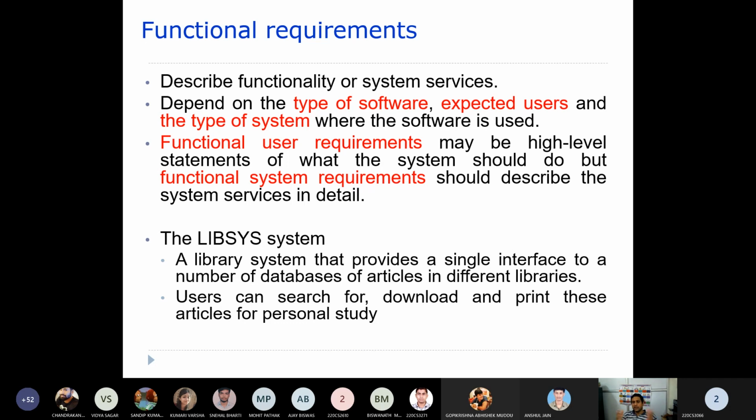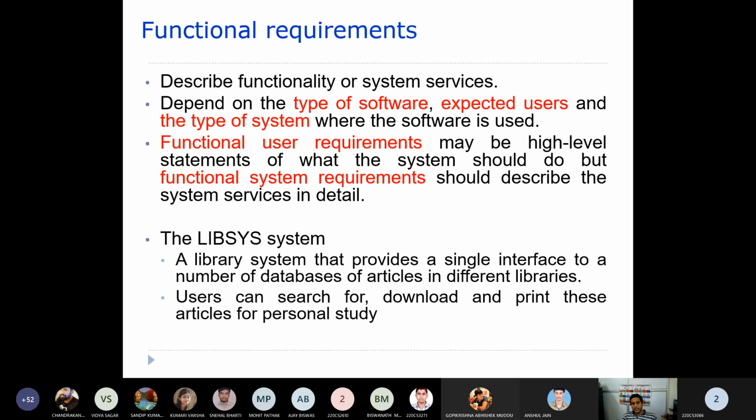These articles are available in various databases in different libraries. Let's say there are 3-4 libraries, they have their own databases, and these articles are available in those databases. Now from the Libsys, you are able to search, download or print an article.